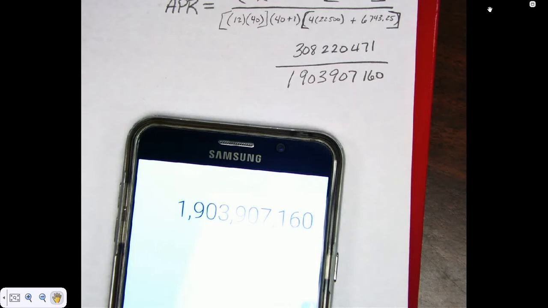Well, now we just need to divide those two numbers, right? 308,220,471 divided by 1,903,907,160.